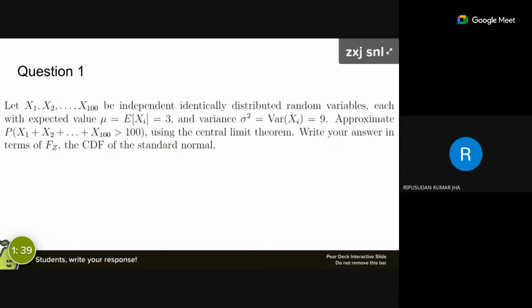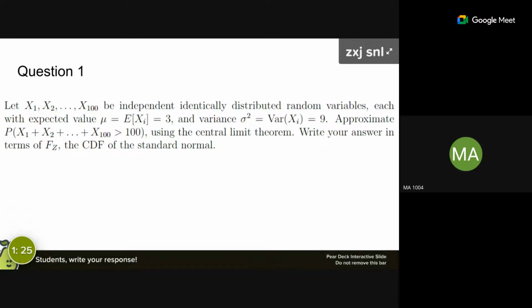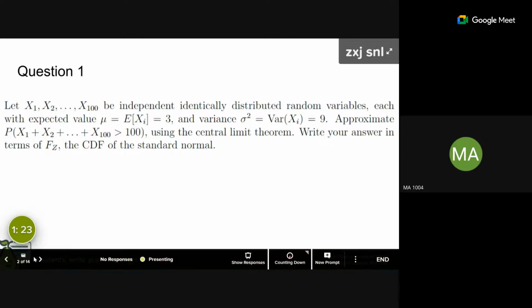Ma'am, 1 minus FZ of minus 20 upon 3. Okay, just a minute. Haven't you joined that Peerdeck? Okay. The text is available there, so you can type and write your answer there.